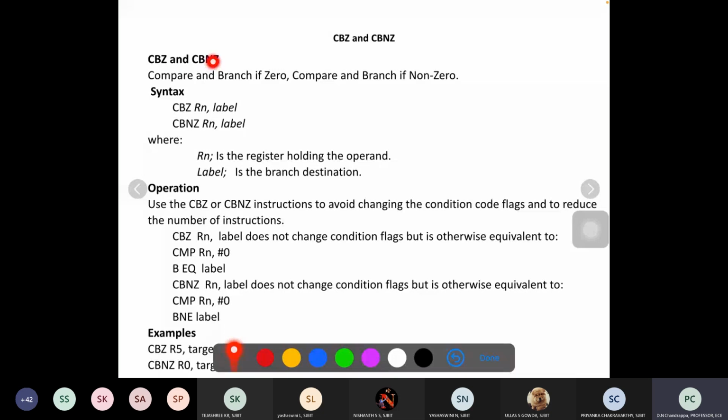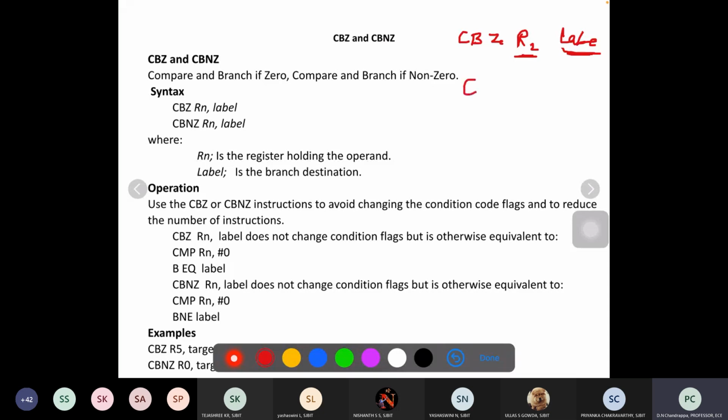So, an example, we look into this. CBZ R2, label. If R2 equal to 0, it goes to this label. Compare and branch if 0. If R2 equal to 0, it goes to the specified location.